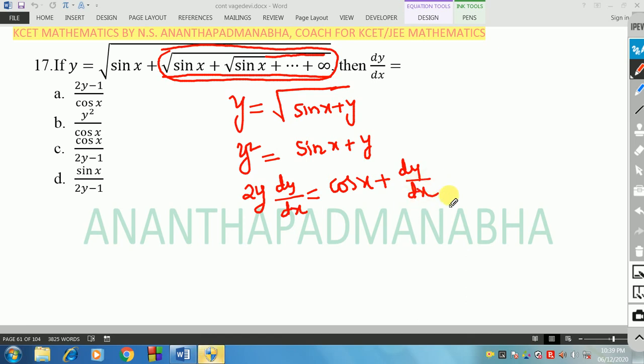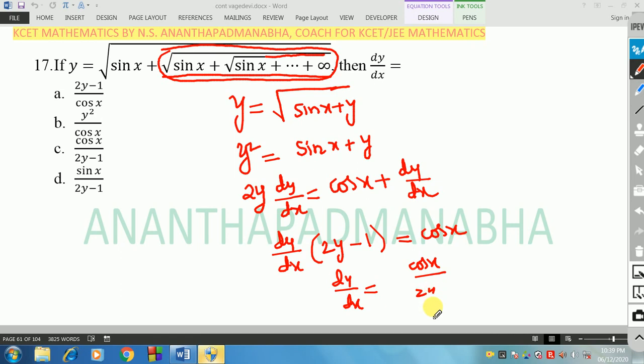Let us take dy by dx to the left hand side and take it common. So dy by dx into 2y minus 1 is equal to cos x. So dy by dx is equal to cos x by 2y minus 1, which is in option C.